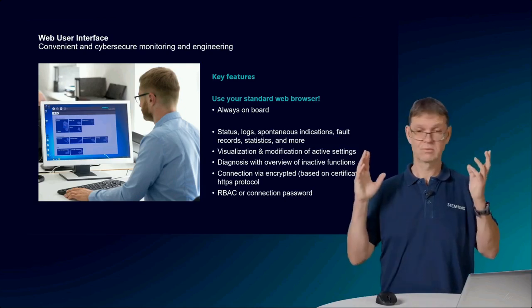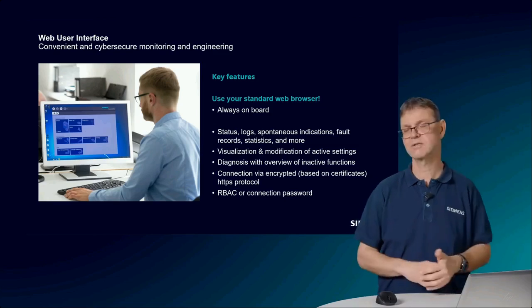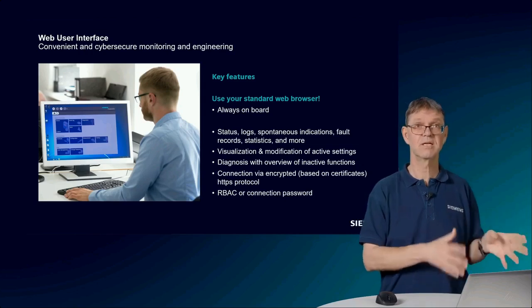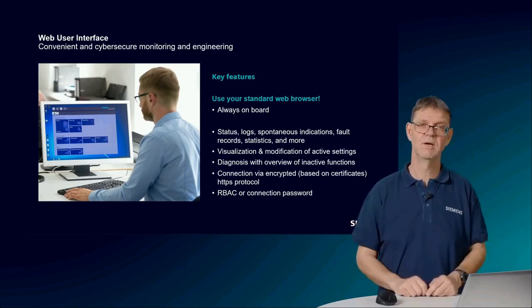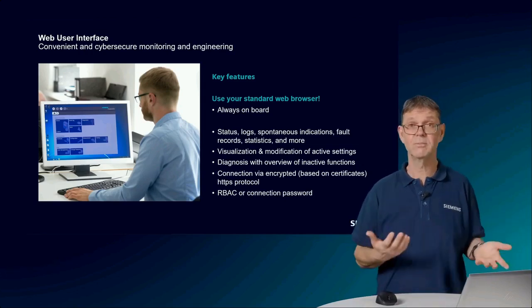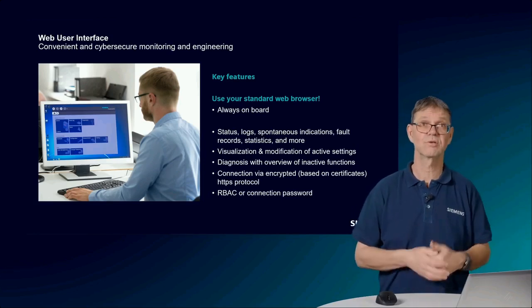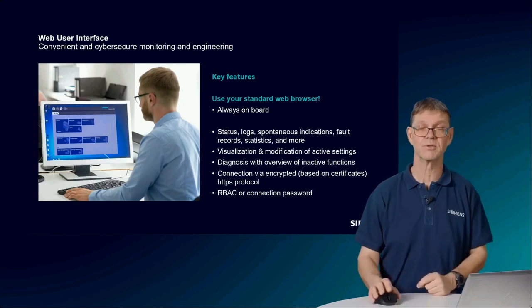Or, quick and dirty, you have the relay just standing beside you, you want to quickly see something and this relay has no relevance in the substation, then you can also go there without any password, of course, but then it's not an HTTPS protocol, so it's not secured, not encrypted.